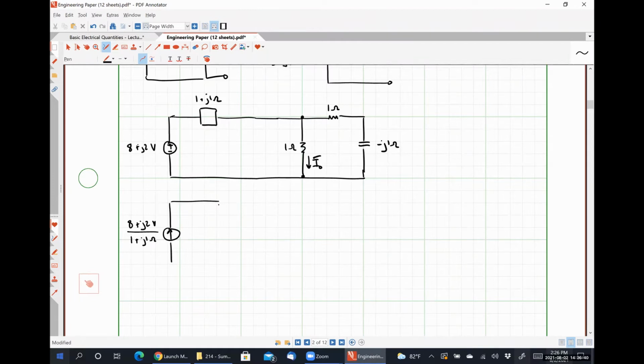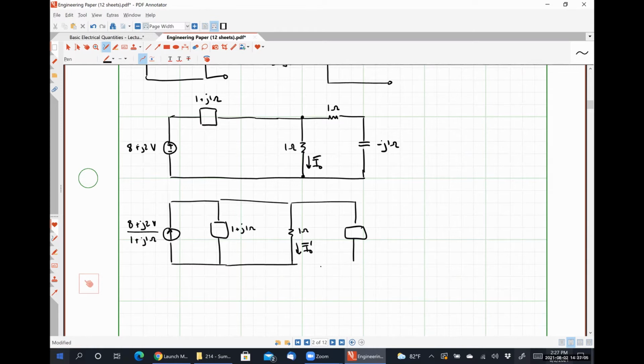That would now be in parallel with the J1 ohm impedance, which is in parallel with my 1 ohm resistor through which I'm trying to find that current I naught. And in parallel, I'm just going to combine these guys for the sake of argument. Call this guy a 1 minus J1 ohm impedance over here.